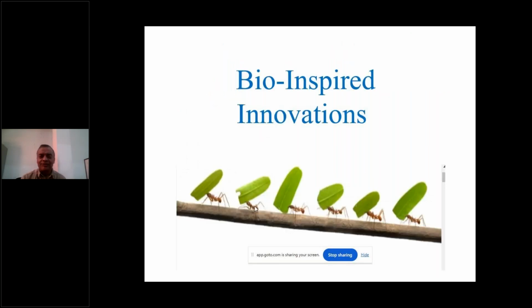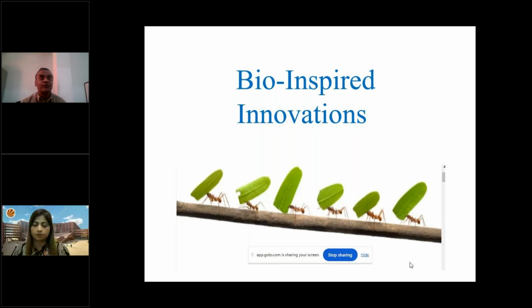So, bio-inspired innovations. You are seeing the very small ant here, carrying a load 10 or 20 times more than itself. A very innovative idea, and from it civil engineers and mechanical engineers created the bulldozer. A bulldozer can demolish high-rise buildings within no time and can carry 20, 30, 40 times its own weight.